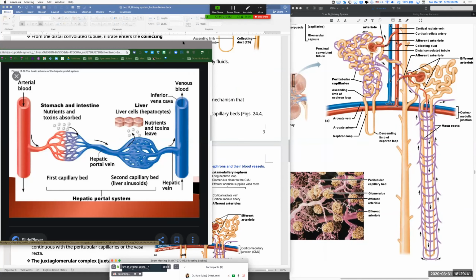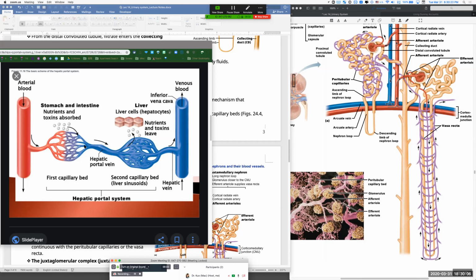Now I want to do a quick review of what a portal system is. During the blood vessel chapter, we talked about what a portal system is. And when we got to the digestive system, we talked about the hepatic portal system. So recall that the portal system in general is a vascular system that consists of two capillary beds.